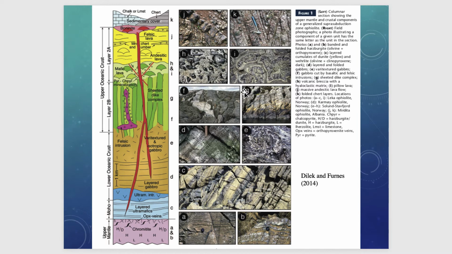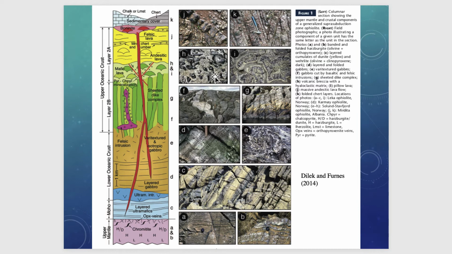And then we have under H these volcanic breccias, and that's because often you have these normal faults that develop that will contribute to the fragmentation of the pillow lavas and other volcanic material.